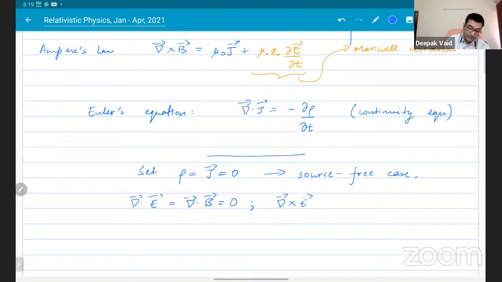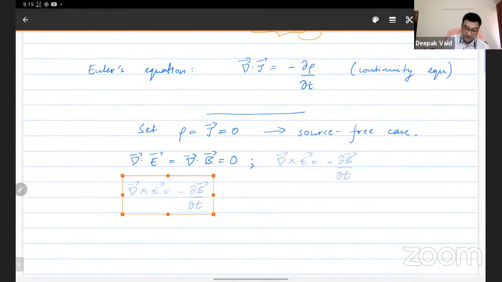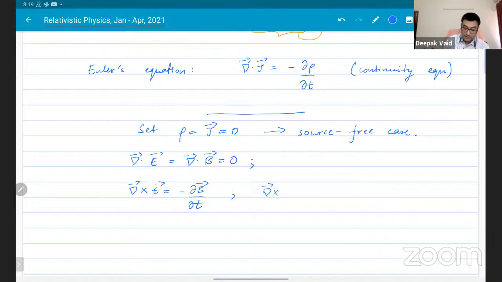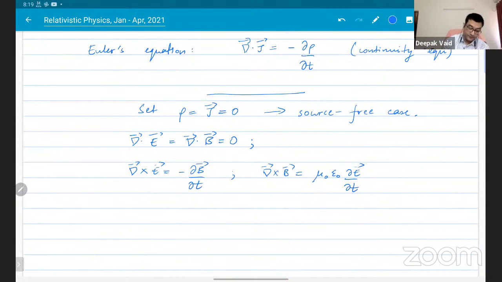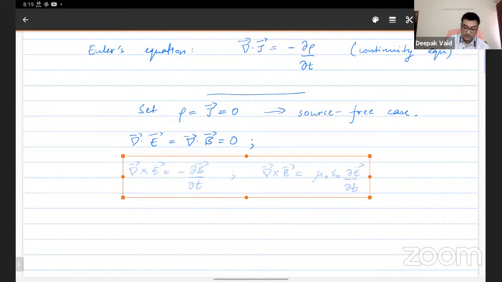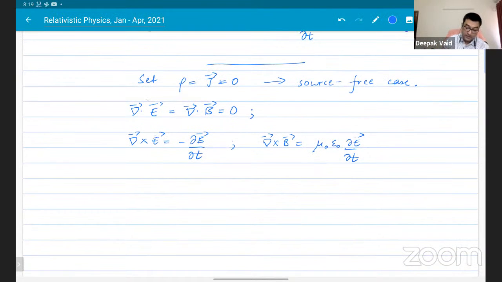You get curl of E equal to minus dB dt. And you get curl of B equal to mu naught epsilon naught dE dt. So the time dependence of these equations is encoded within these last two equations. There are no time derivatives in the first two.